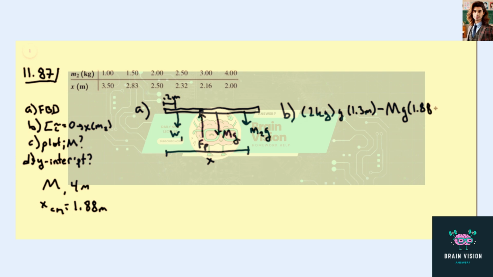It's 1.88 meters from the left-hand side, so it's 0.38 meters from the pivot.